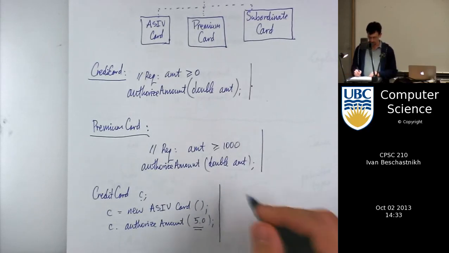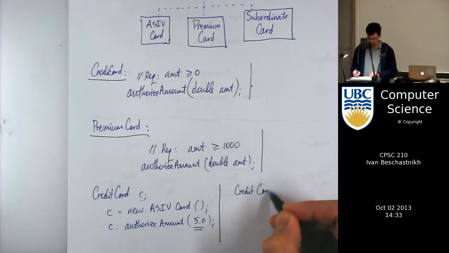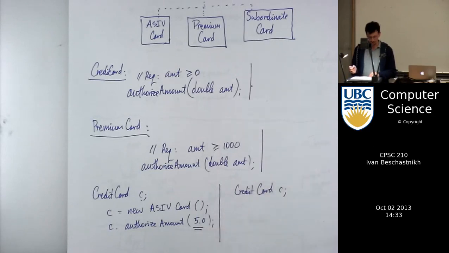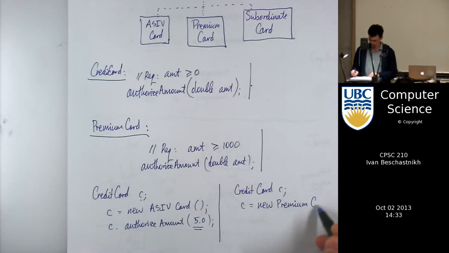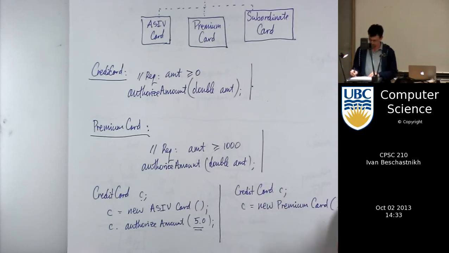So let's contrast this with the case where I attempt to create a premium card and use this interface. So I'll do C equals new premium card. And I can call the same authorized amount on it.